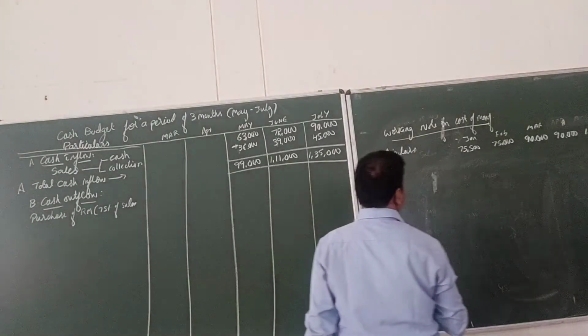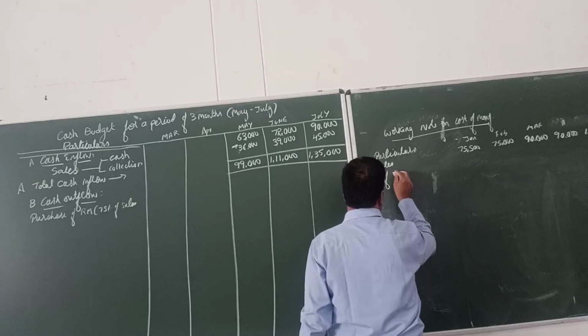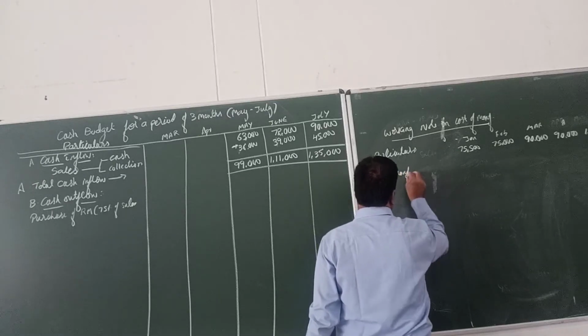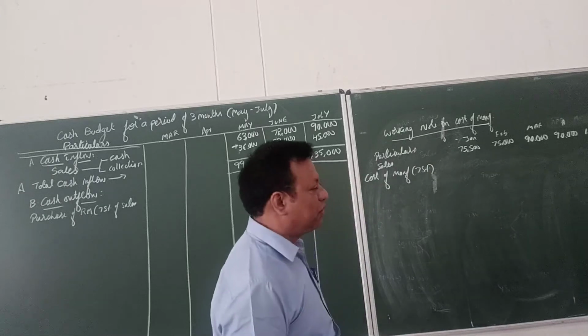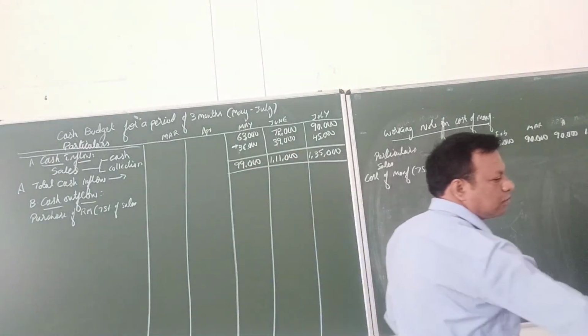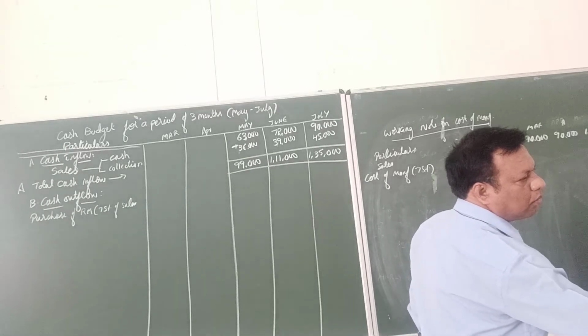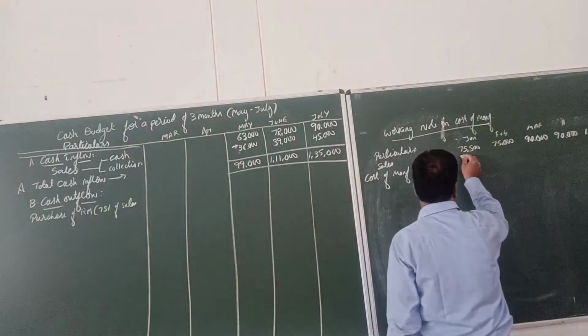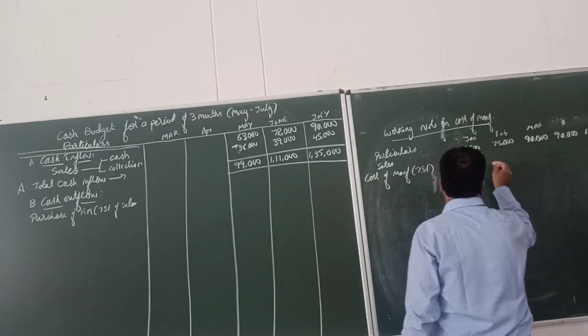So then, out of sales, cost of manufacturing is how much? Cost of manufacturing 75%, right? 75% of 70,500. How much? 625.